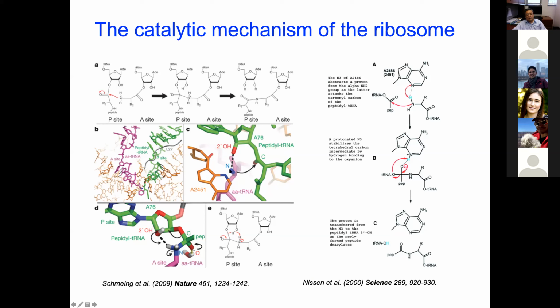This is the N-terminal of that amino acid. And you see it is positioned right next to the ester bond between the polypeptide and the P site tRNA. And then this amine group will launch a nucleophilic attack on that ester bond and eventually result in the formation of a peptide bond between the growing polypeptide and this amino acid. And so that is the catalytic mechanism of the ribosome.